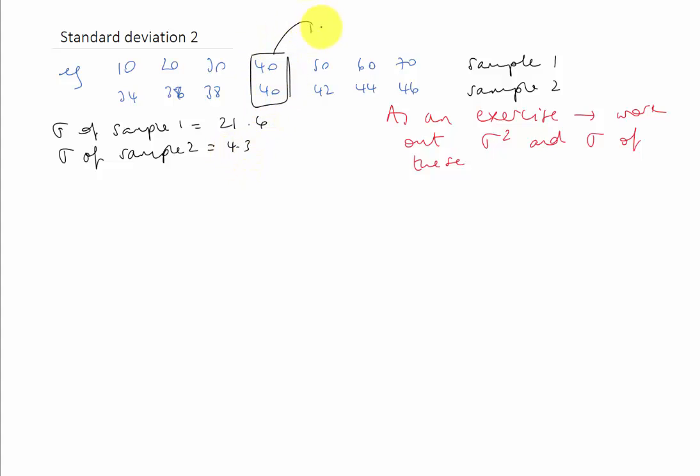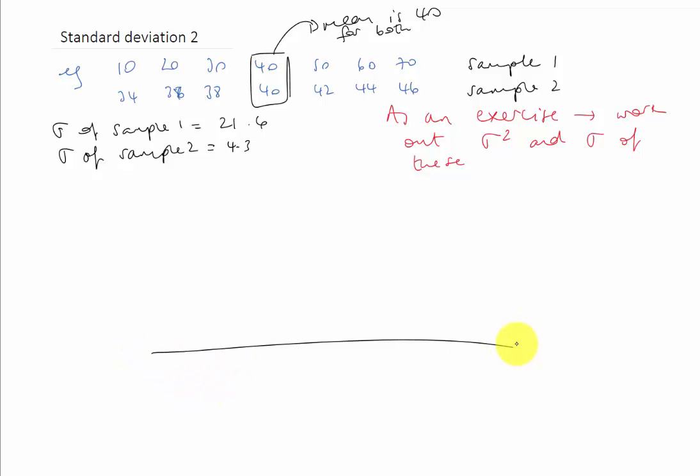The mean is 40 in both cases, and in both it looks like there's an even spread of measurements around that mean of 40. So it stands to reason that the standard deviation of sample 2 is smaller than that of sample 1.